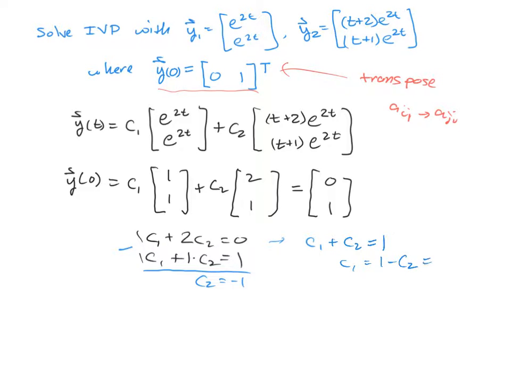So that's 1 minus negative 1, which is positive 2. So our y of t, which is the solution of our initial value problem, is going to be 2 times the first solution vector minus 1 times the other solution vector.